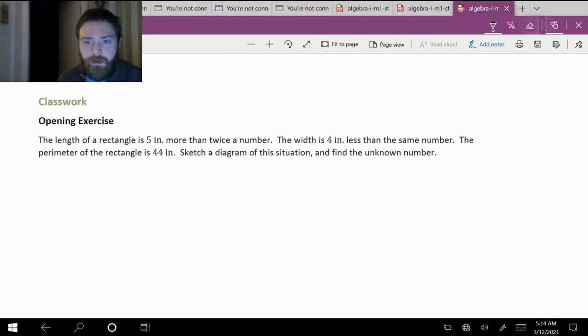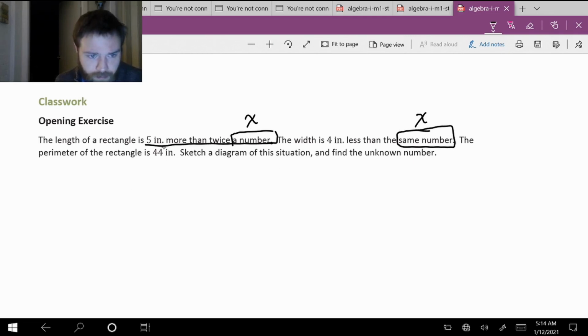So it says, the length of the rectangle is 5 inches more than twice a number, okay? So twice a number, whenever you see a number or something like this in algebra, that's your variable. So in this case, we'll call it x. And it says the width is 4 inches less than the same number. So that same number, right, we call that number x. So this number is also going to be x. And it tells me the perimeter is 44 inches.